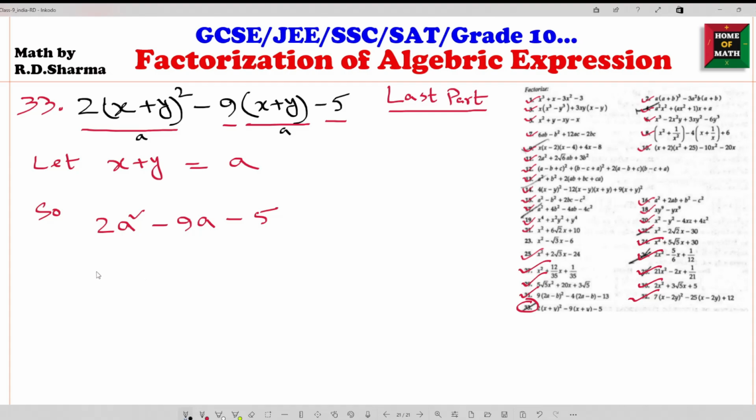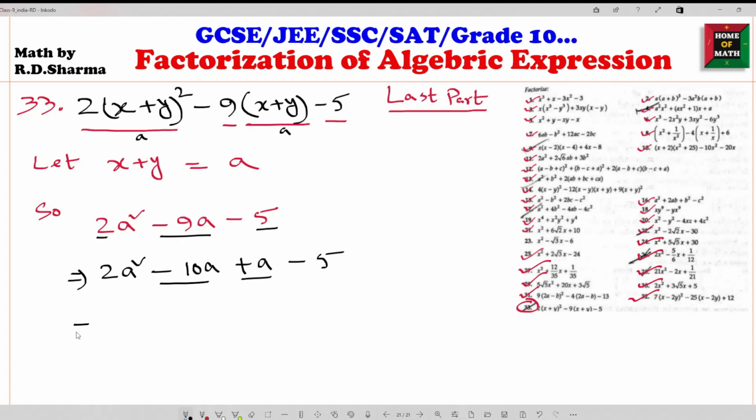Okay, now look, here is 2 and here is 5, so it will become 2 times 5, 10. 10 means what? 10 times 1 also 10. So we can write like this, 2a² minus 10a plus a minus 5. Minus 10a and plus a, it will become minus 9a.